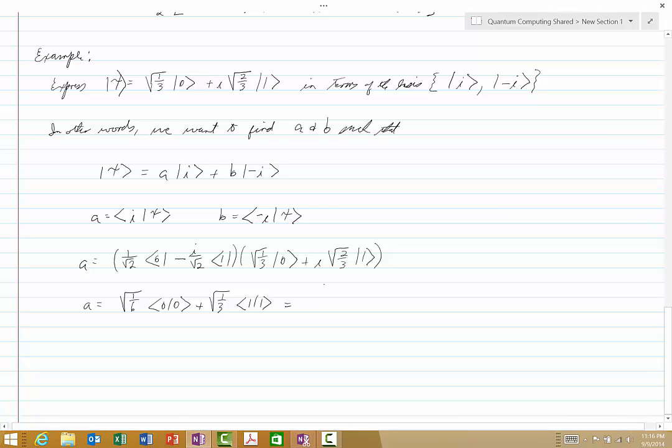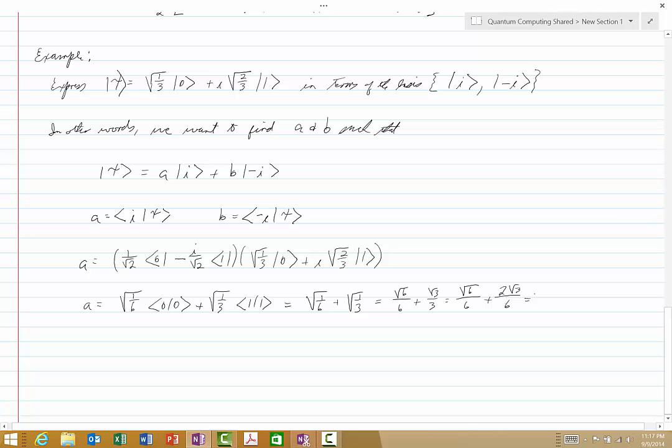Since the inner product of 0 with itself is 1, and the inner product of 1 with itself is 1, we get square root of 1/6 plus the square root of 1/3, and we can change this to square root of 6 over 6 plus square root of 3 over 3, which is square root of 6 over 6 plus 2 times the square root of 3 over 6.